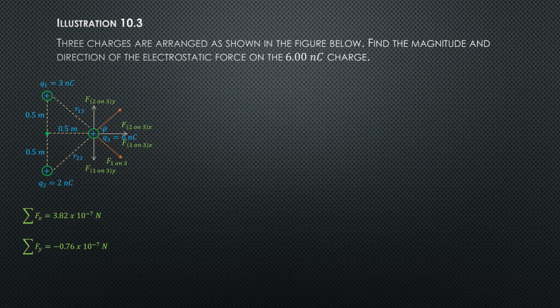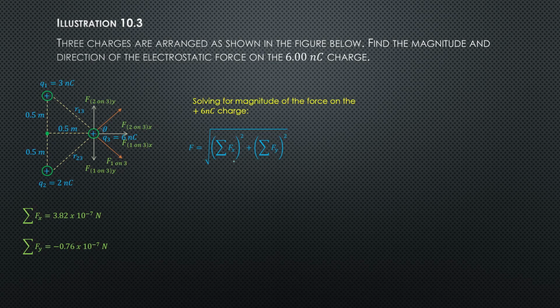Since the summations of forces x and y are solved, we solve for the magnitude of the force on the positive 6 nanocoulomb charge using this formula: square root of summation of forces x squared plus summation of forces y squared.